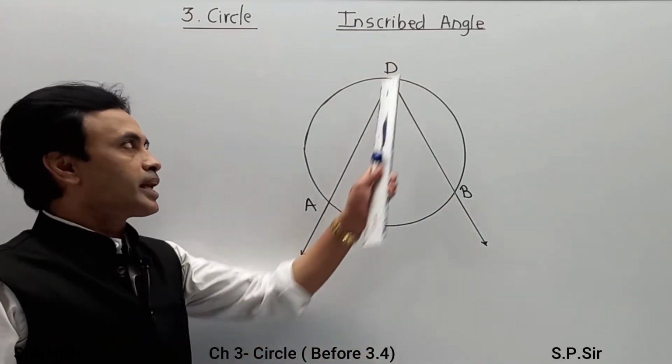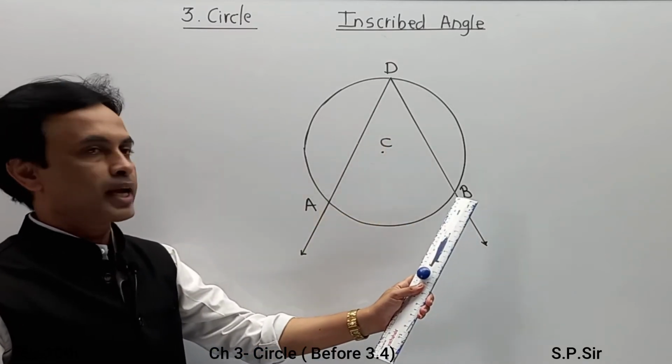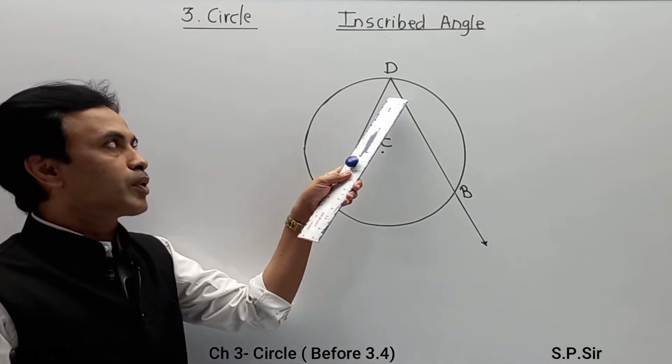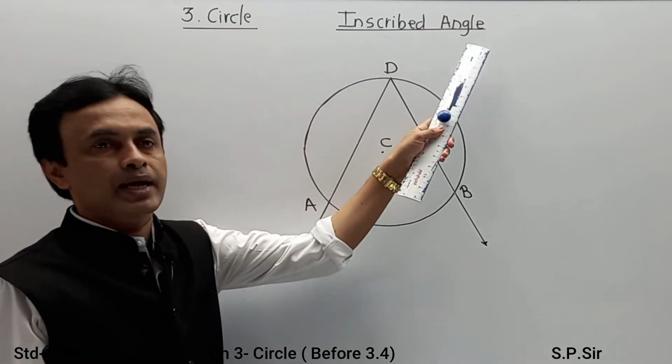So ADB is your angle, and this angle is formed on the circumference of the circle. Therefore, this angle is called an inscribed angle.